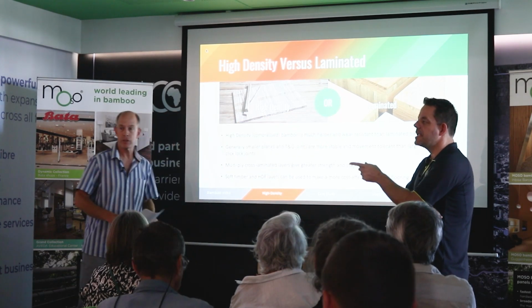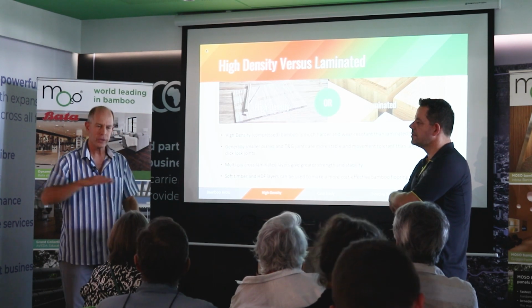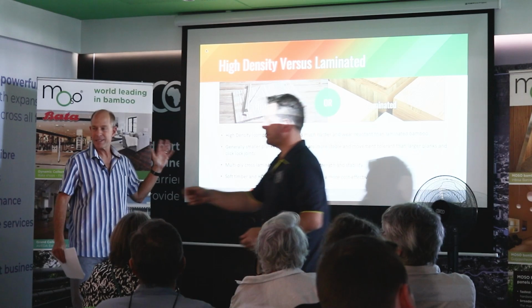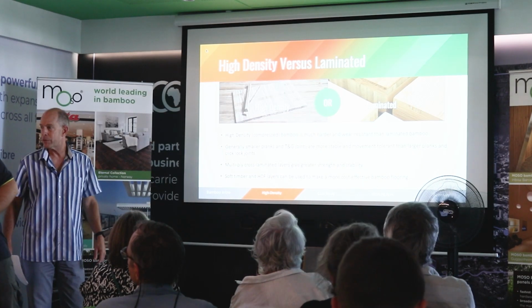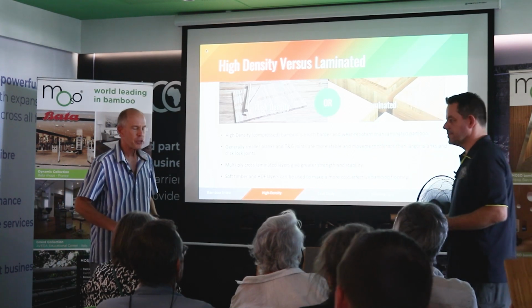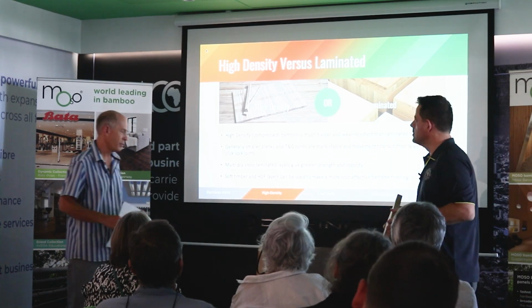You can do that in various ways. You can laminate them all longitudinally, or you can cross-laminate. It was only after about 10 years or more of making this kind of thing that the so-called strand woven or high density process was developed.